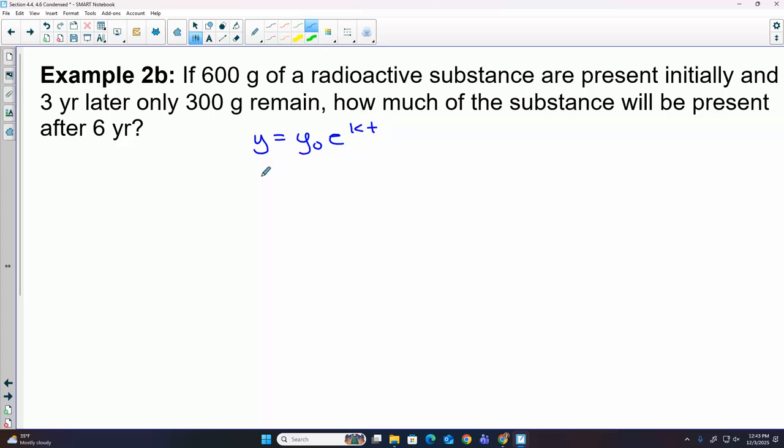That's our formula. What is my y sub 0? 600. In order to find the amount after 6 years, I have to figure out what K is. So we need to find K. How will I do that?